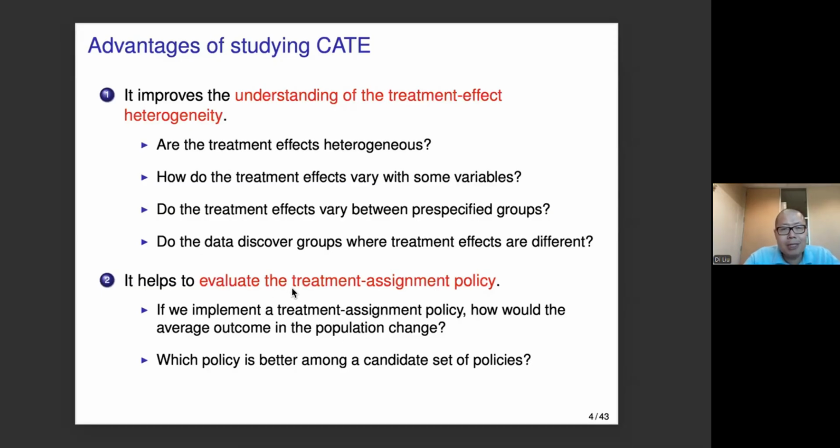We want to evaluate such policies. What's the value of such policies? And if we have different candidate policies, we want to compare them. Which one is better? It turns out estimating CATE builds the foundation to evaluate treatment assignment policies.